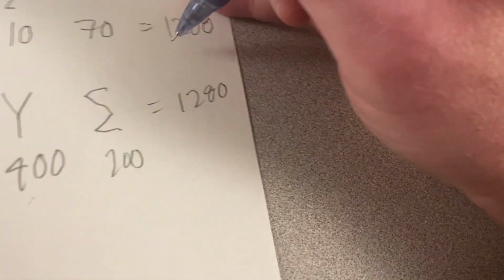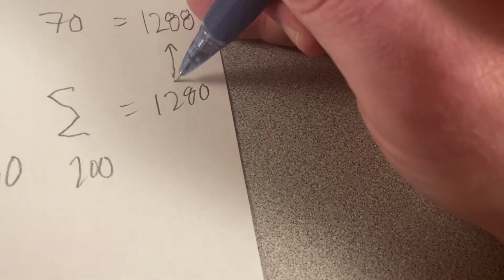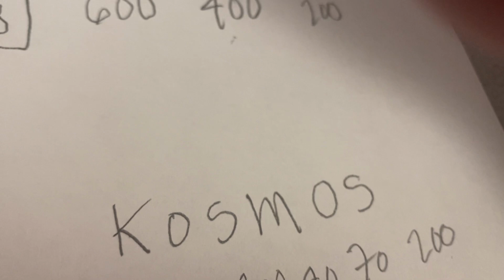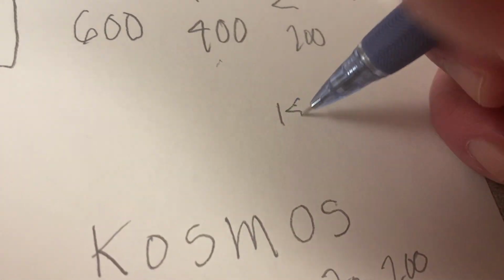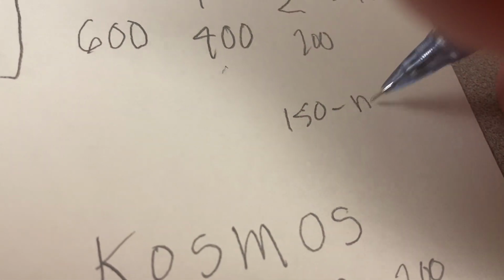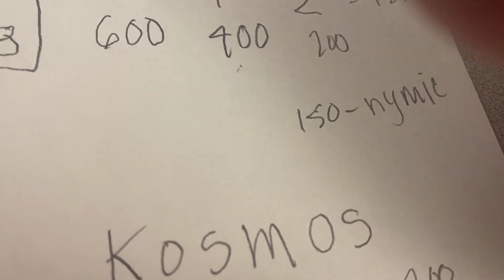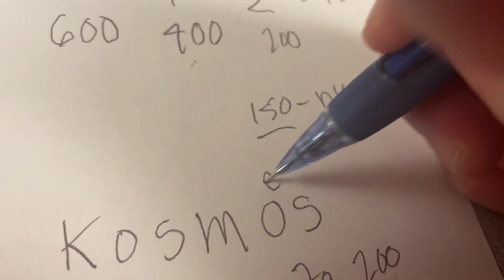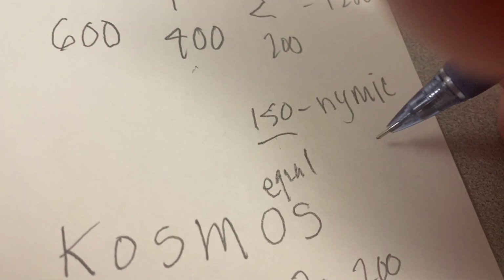So now we see that these are isonymic. Iso means equal, and this is name.